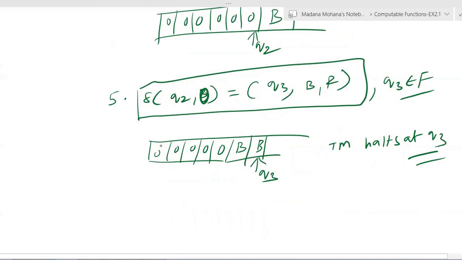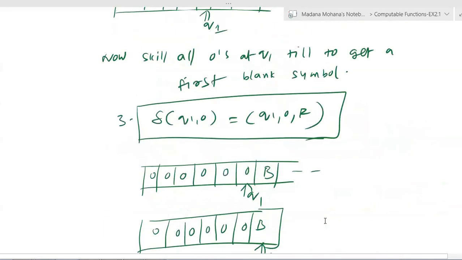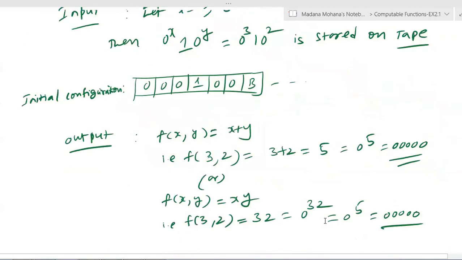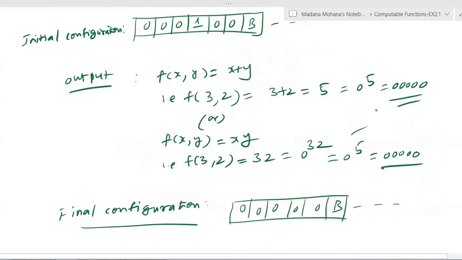Now you can see here 1, 2, 3, 4, 5 zeros. So the output is 5 zeros. This is nothing but 0 power 5. Finally, you can see it satisfies the output 0 power 5, 5 zeros. So that is the logic.